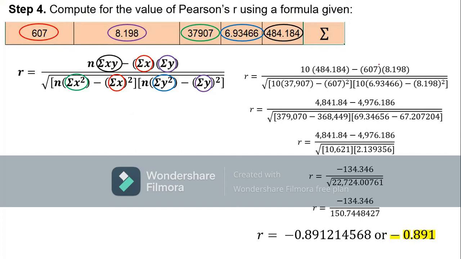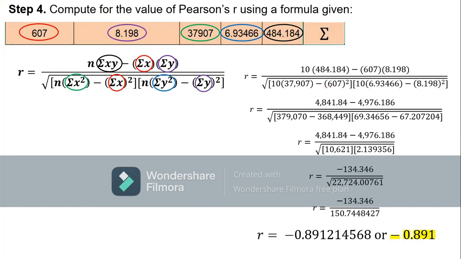And minus the summation of the x data multiplied to the summation of the BMD data or the y data. Okay? Divided by the square root of the n, kung ilan yung data frequency or ilan yung observed data, multiplied to the squared of the x value.